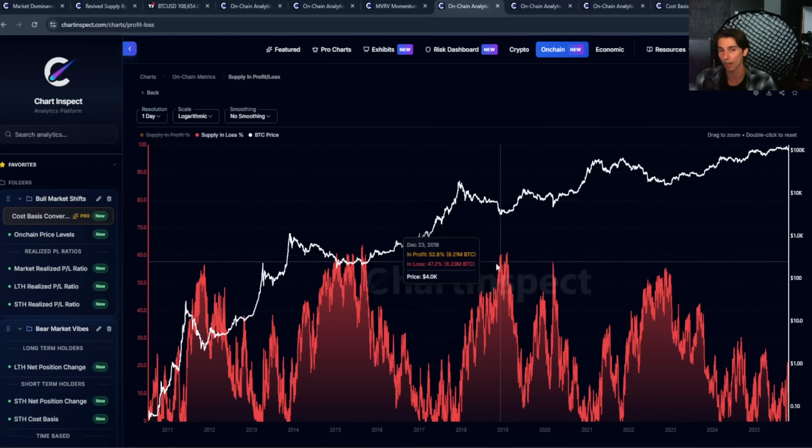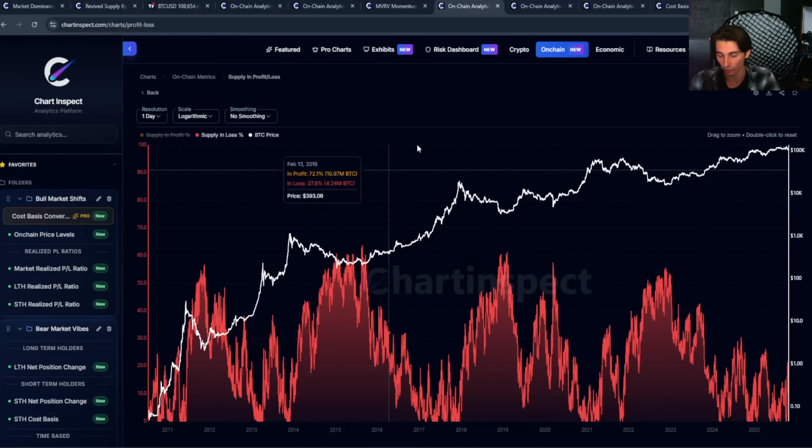And also a good sign for market cycle bottoms is when we get above 50% in loss, so over half of holders on chain are in loss. That has always historically marked these major market bottoms for Bitcoin, right? So we saw in 2022, 2018, and all prior cycles. So that's something to watch for.